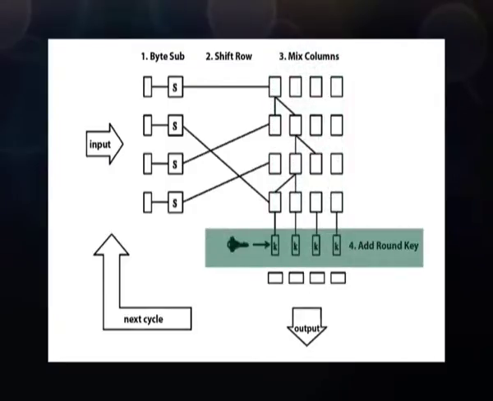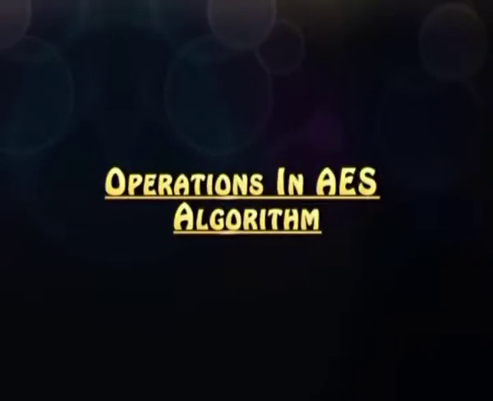Finally, the round key derived is added to each column. This sequence is repeated for a number of rounds depending on the key length. Now, let us move on to more details of the main 4 operations in the AES algorithm.